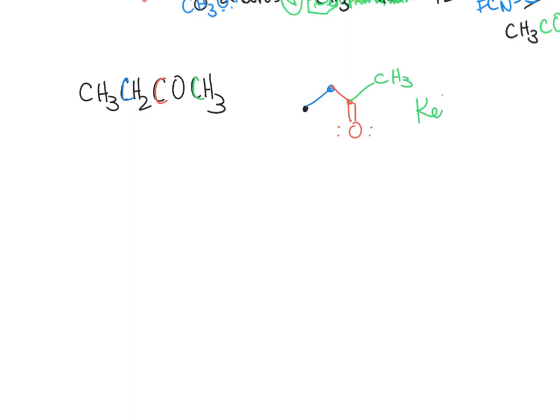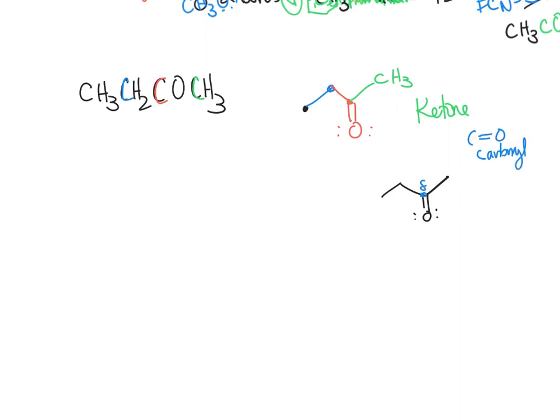So this is a ketone, and of course we could do it like this. This is our line drawing, and you can see that this is a carbonyl, and the carbonyl has a dipole.